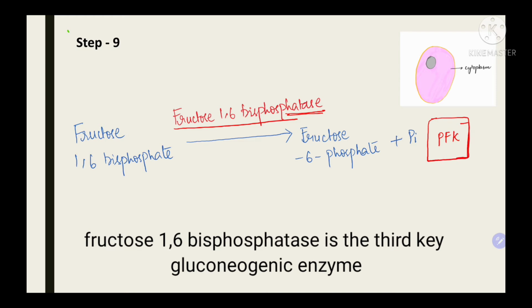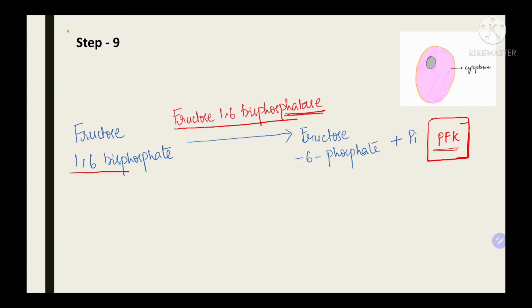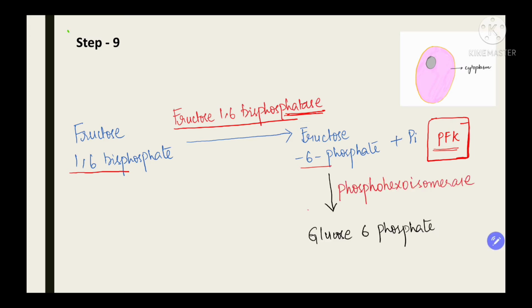The irreversible reaction that is catalyzed by phosphofructokinase is overcome by this reaction, in which fructose 1,6-bisphosphate is acted upon by fructose 1,6-bisphosphatase to form fructose 6-phosphate. Now this fructose 6-phosphate undergoes isomerization in the presence of phosphohexoisomerase to form glucose 6-phosphate.